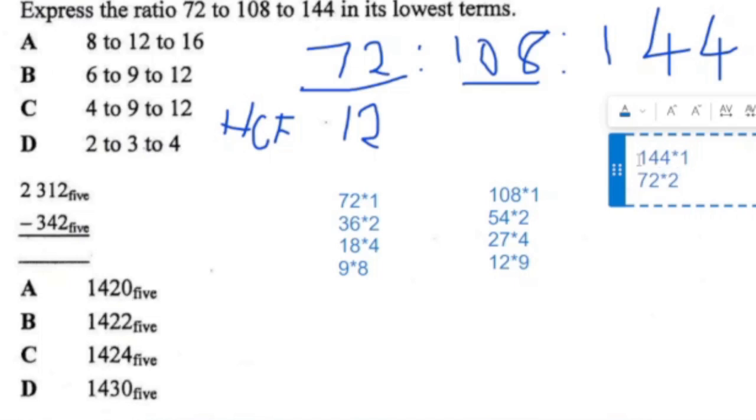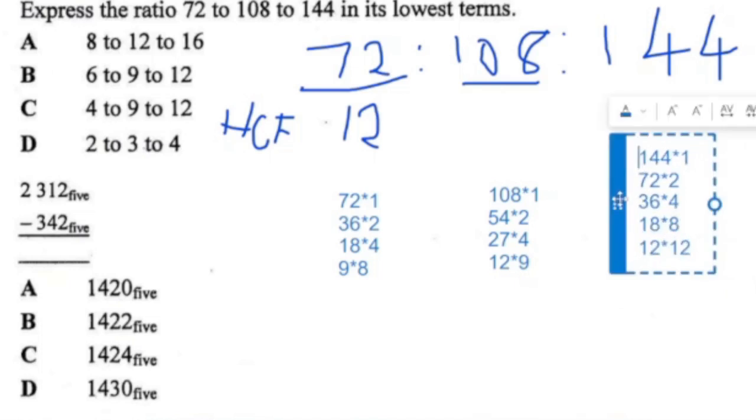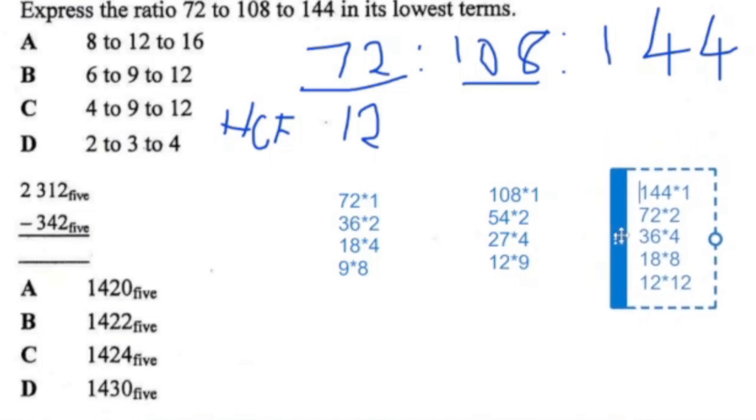Then I also have 36 times 4, then 18 times 8, then 12 times 12 will give me 144. If there are some numbers I've left out, you can still remind me.